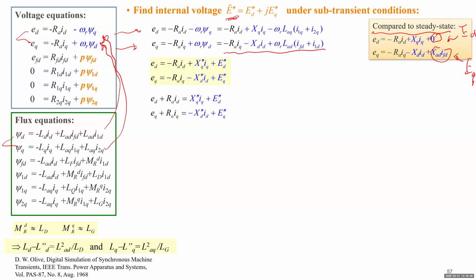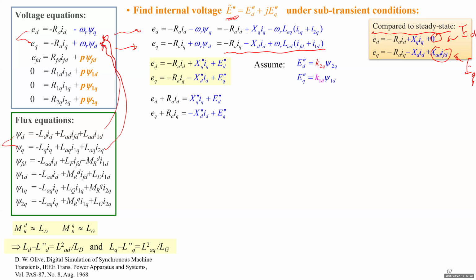Okay, we move everything black to the left-hand side of the equation, and the right-hand side will be something new that we want to figure out. So next, let's guess what ED double prime and EQ double prime could be. If ED double prime represents some internal voltage in the D axis, it has to be related to some flux linkage in the same time frame.